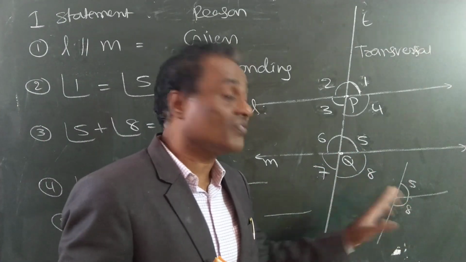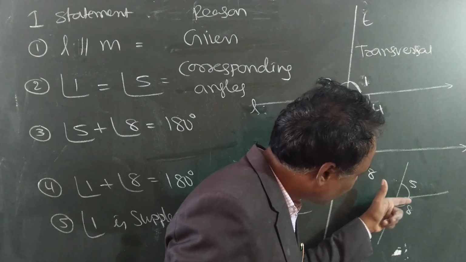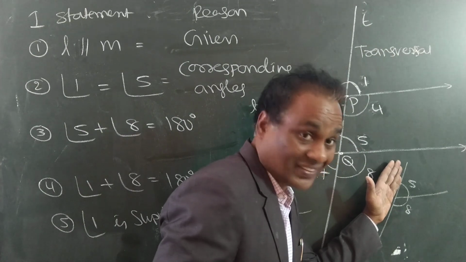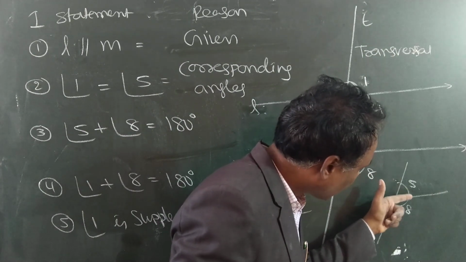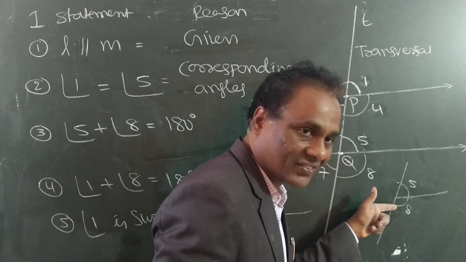Why is this sum 180? Because on a line, the total angle on the line is 180 degrees. This is the line, no? So the total angle on the line is 180 degrees. This side 180 degrees, this side 180 degrees.